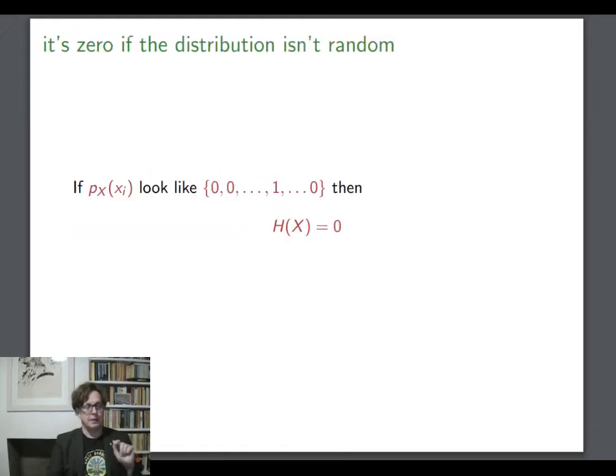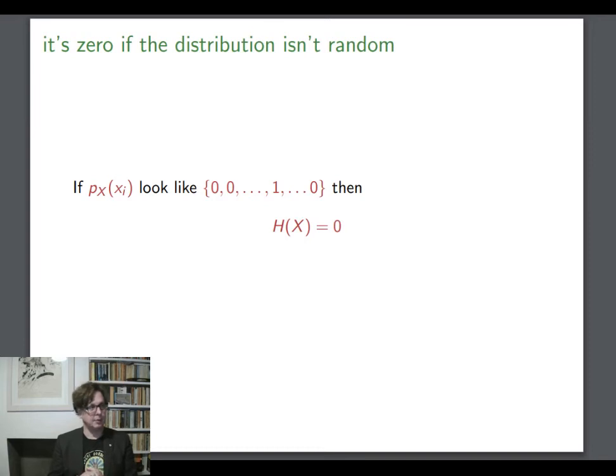In fact, we can see when it is equal to 0, and that's for a probability distribution where the probability of all the outcomes apart from one outcome is 0, and that outcome necessarily has probability 1. This is the case where the probability distribution isn't modeling something random, it's modeling something determined, because you already know what the outcome is going to be. Now, in this case, most of the p log p's are 0.